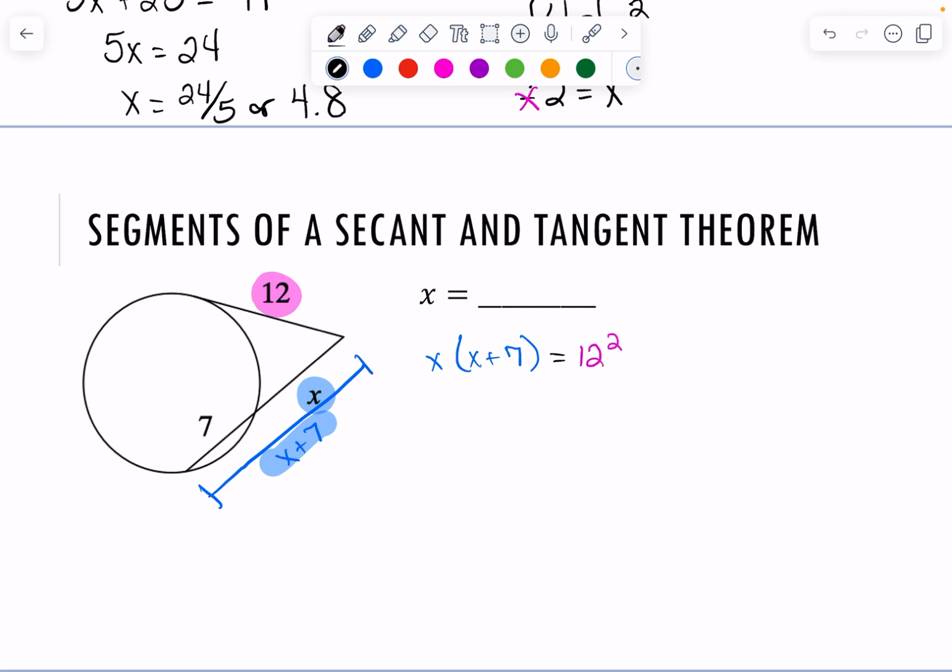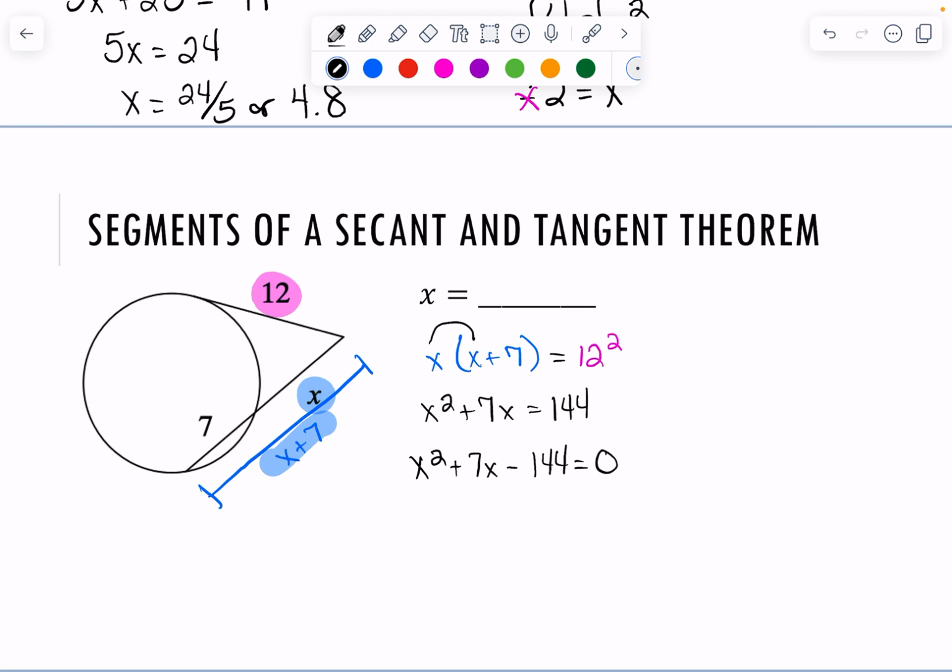So now we're going to distribute that, and we're going to start to solve. So x squared plus 7x equals 144. I'm going to subtract. So x squared plus 7x minus 144 equals 0.